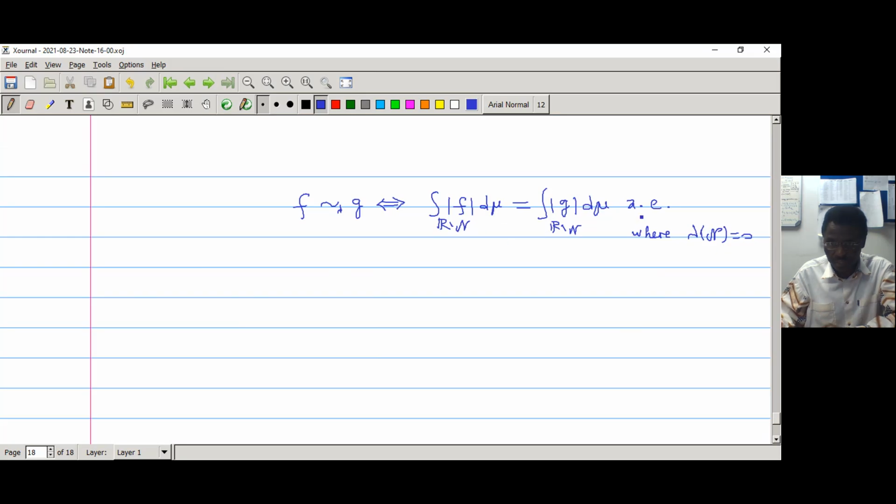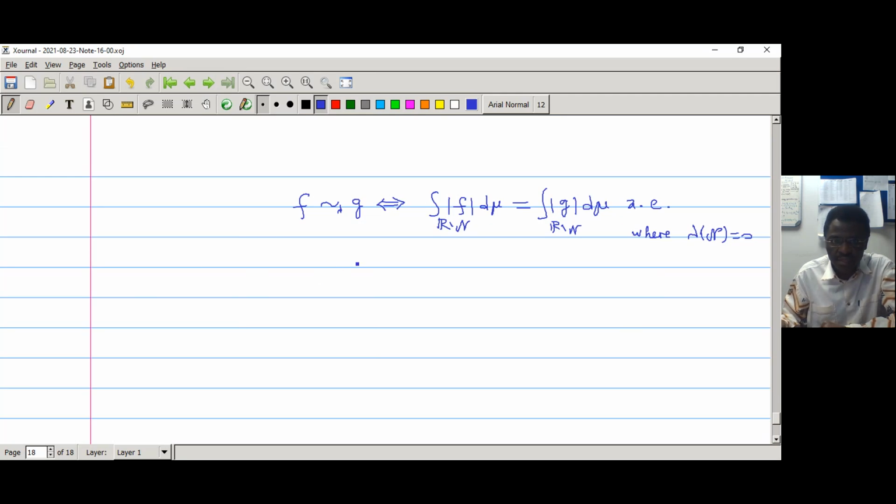Right. So that's what it means, almost everywhere. Good to know. So this is our equivalence class. It's an equivalence relation. Now, if these two are in relation, the integrals are equal, right? Almost everywhere.